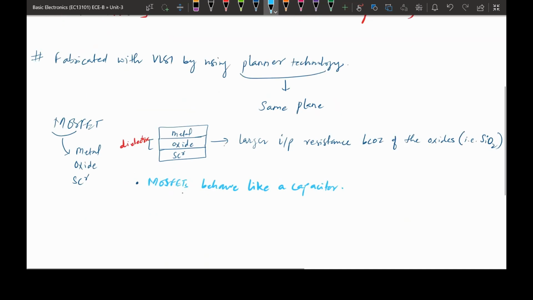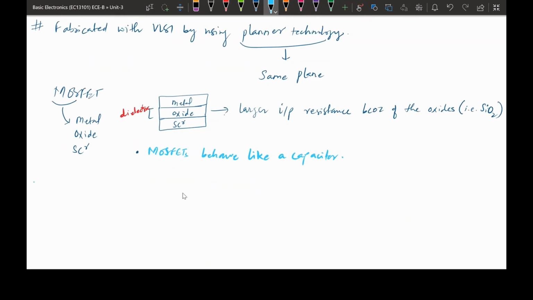Some other properties of MOSFET: it dissipates very little power, or we can say it has negligible power dissipation. And similar to the JFET, which was also a voltage controlled device, the MOSFET is also a voltage controlled device.